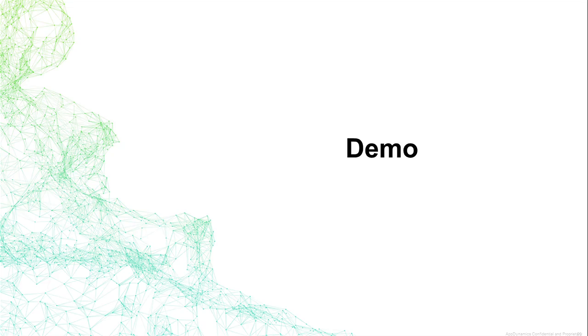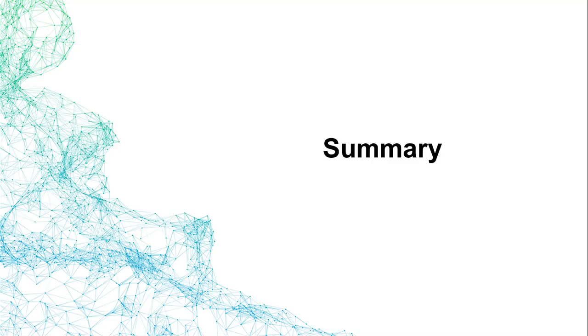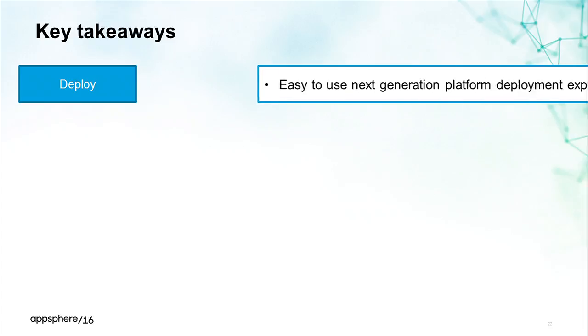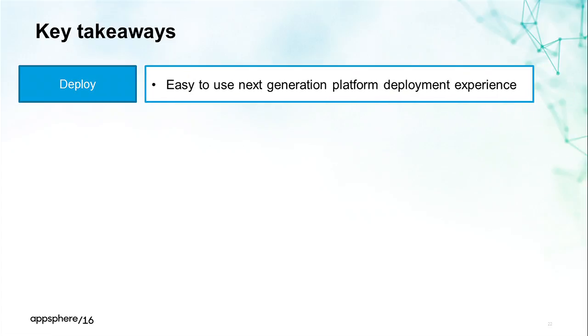Okay, so a quick recap of what we just covered. We've done a lot of work to make it really easy for our customers to deploy the platform, both at the individual service level as well as the entire platform. That extends to multiple platforms and in terms of capabilities also supports the command line as well as the GUI.